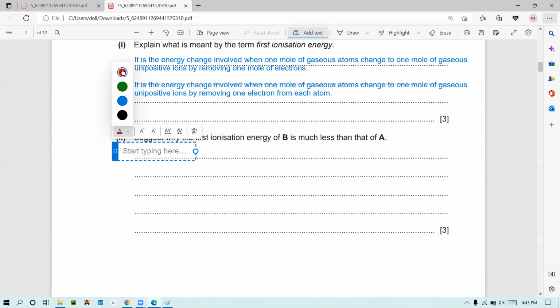I'll write the answer like this. A is a noble gas and B is the group 1 element in the next period.